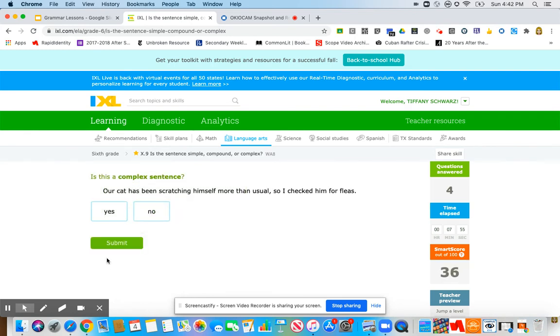Okay, here we go. Is this a complex sentence? Our cat has been scratching himself more than usual, comma, so I checked him for fleas. Well, I have a comma and a fanboy. Our cat has been scratching himself more than usual is an independent clause. I checked him for fleas is an independent clause. This is not a complex sentence. It's a compound sentence.